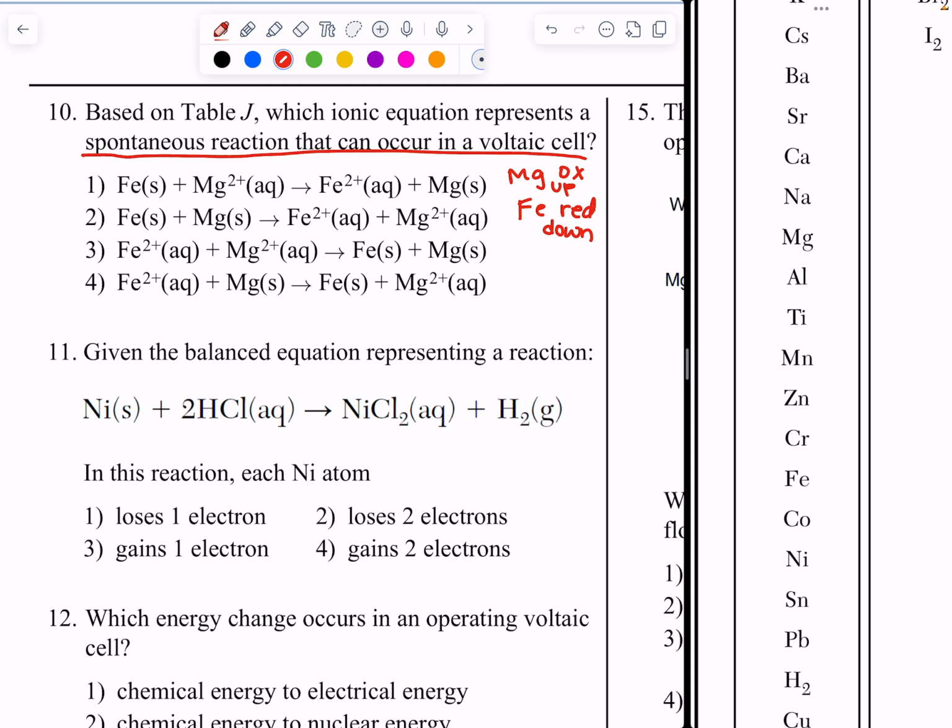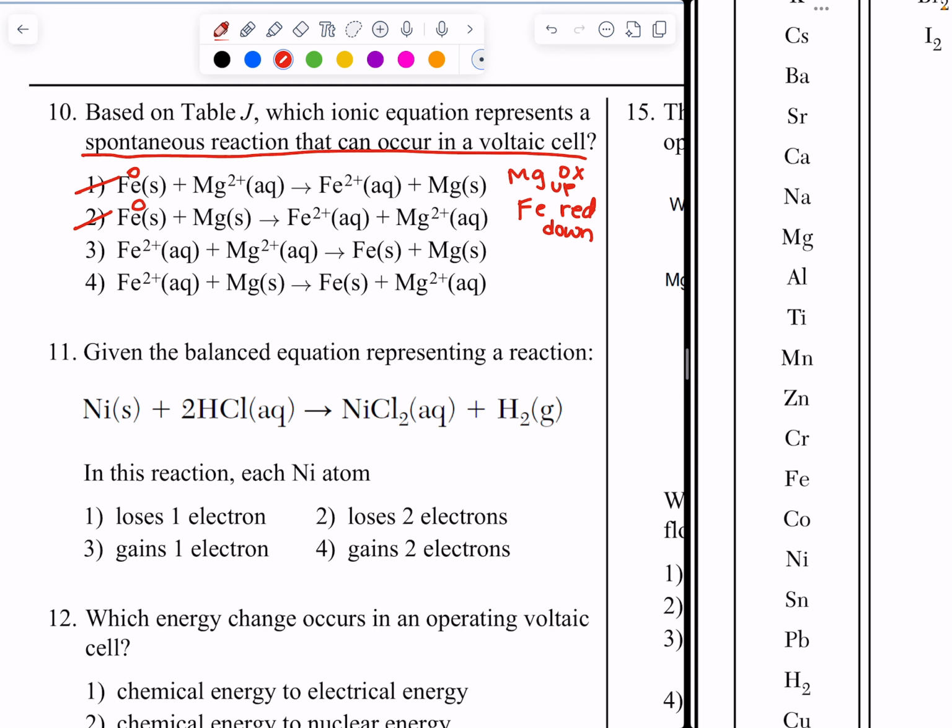So choice 1, Fe0 going to Fe +2, iron's going up. That's wrong. Choice 2, Fe +2 to Fe0, okay, iron's going down. So let's check out magnesium. Mg +2 to Mg0 in choice 3.